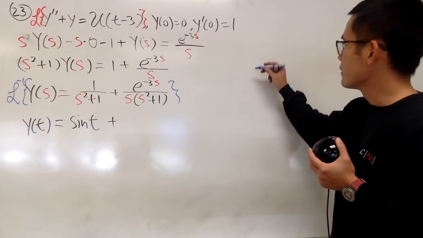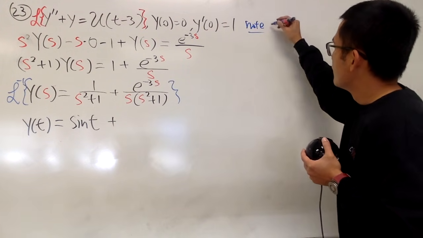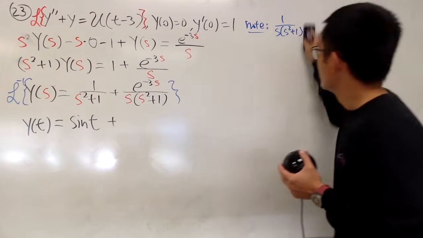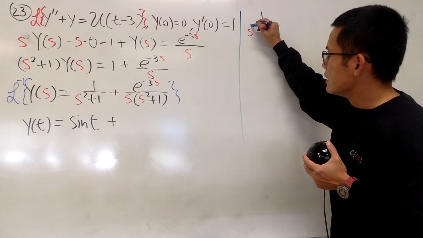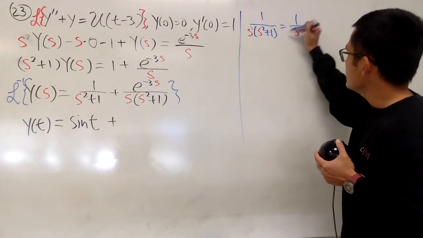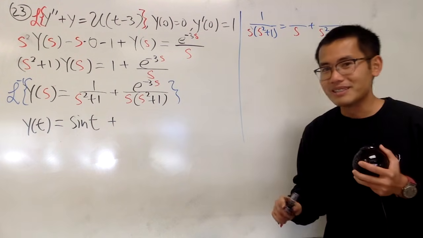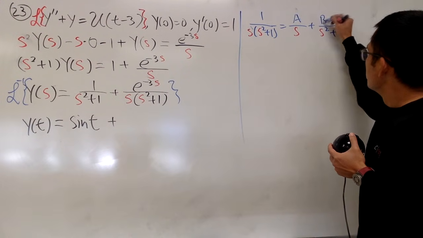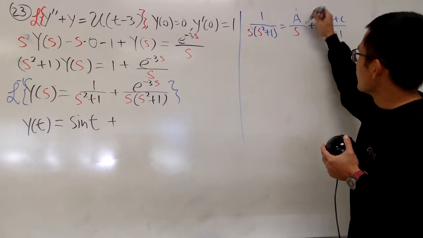Note 1 over s times s squared plus 1 is equal to a over s plus bs plus c over s squared plus 1. To figure out a, you set s to be 0, so a is equal to 1, so that's good.